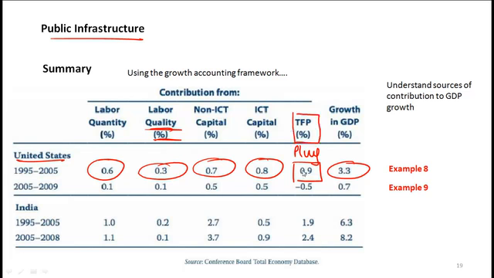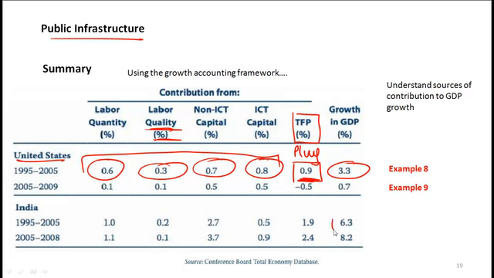So what we essentially do is figure out this 0.9 by doing 3.3 minus all these items. In other words, whatever part of the growth cannot be explained by these factors is then attributed to total factor productivity. Let's also look at India over the same period.